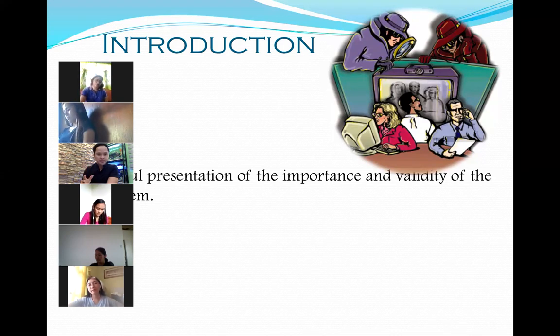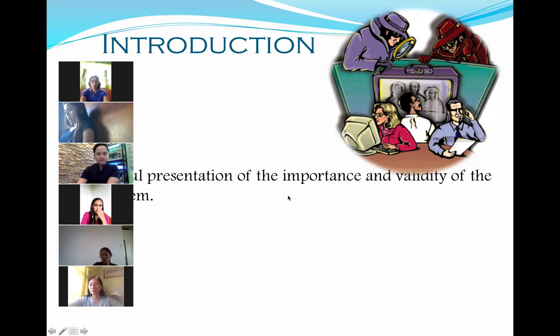For those who are enrolled in research, it is important that you are able to look for literature after identifying a topic. So identify first your topic, IV and DV, and then you search for literature, because the literature will tell you whether your problem is important and valid.